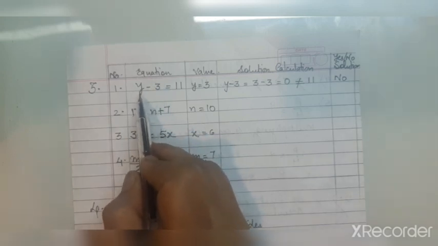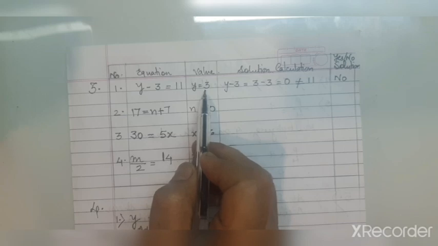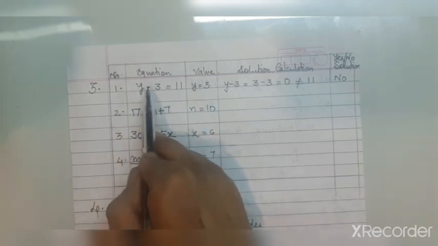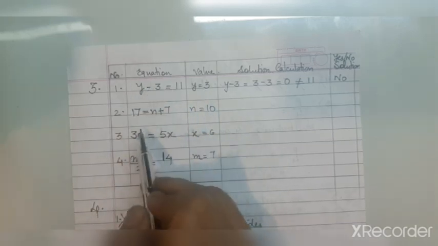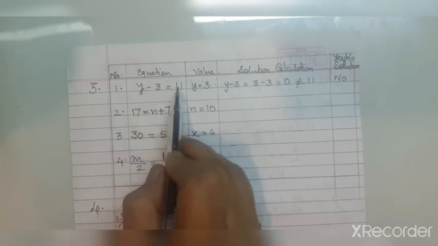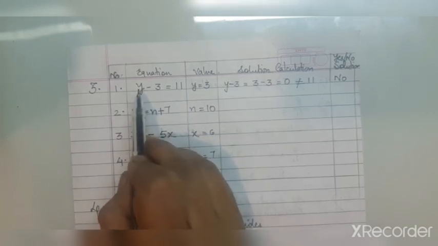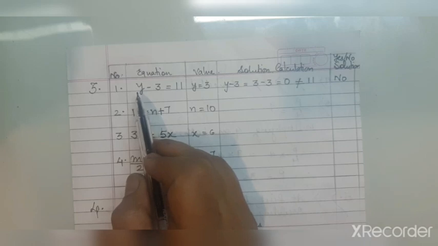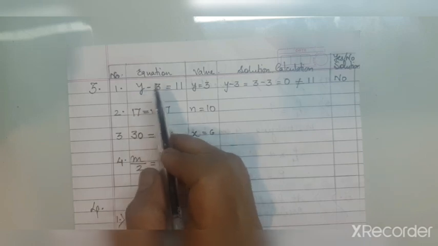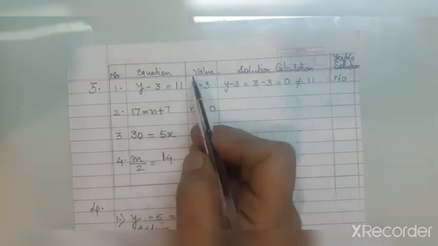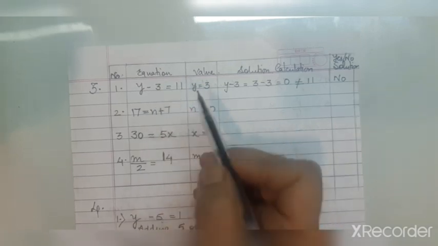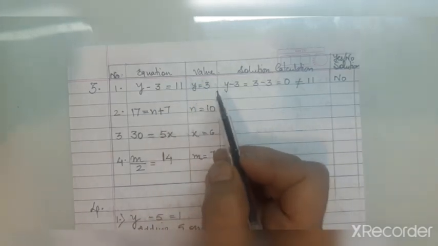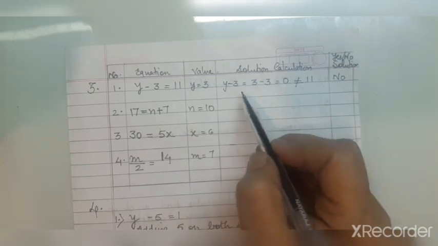So instead of y, if we put 3, and when we solve, we need to get the answer equal to 11. If we get 11, then we can say that yes, the value we put for y is correct. If we don't get the answer equal to the right hand side, then the given value is not the correct value. This first one I have already solved.